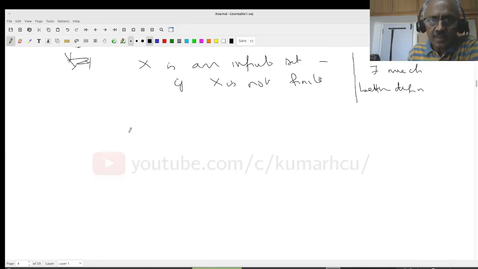Now for infinite sets also, this is Cantor's proposal.